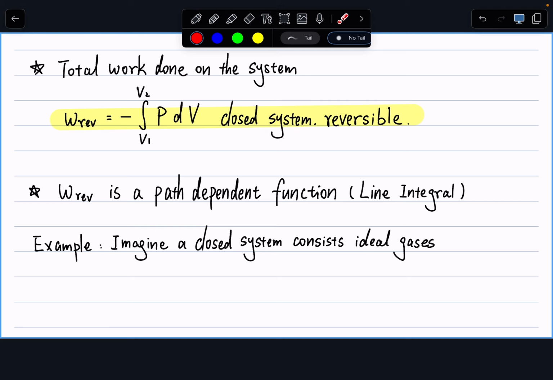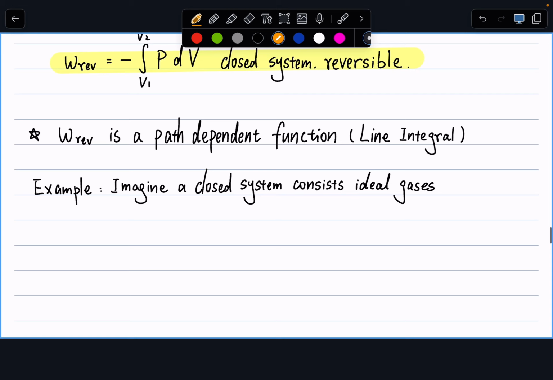I'm going to show you two very simple processes. Imagine a closed system containing just ideal gas. So we have PV equals nRT, and you can actually solve for numbers because it's an ideal gas. Now we're thinking about the initial state as P1, V1, and our final state as P2, V2. Right, so the initial and final states are the same.